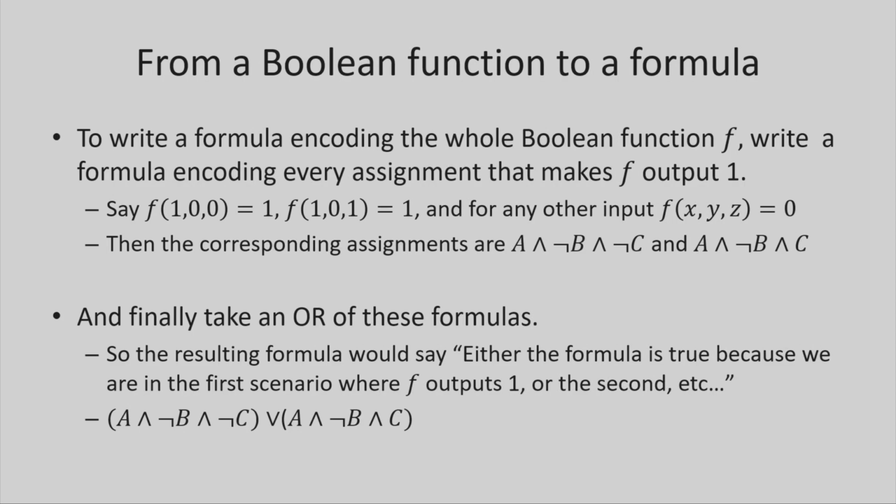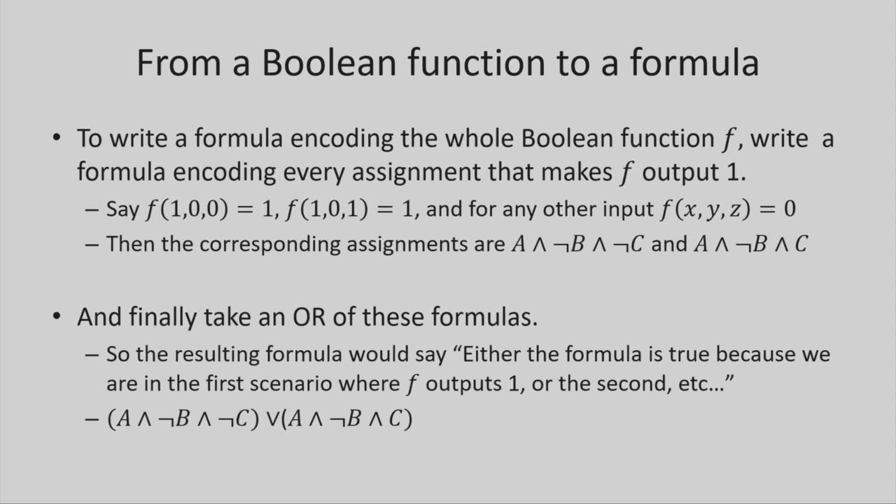So suppose now that this function is 1 in 2 places and 0 everywhere else. You could write the fact that it's 1 on 1, 0, 0, as we just did, as A and not B and not C. And you could write the fact that it's 1 on 1, 0, 1 as A and not B and C. Finally, here is a formula that will be true if and only if the function is 1.